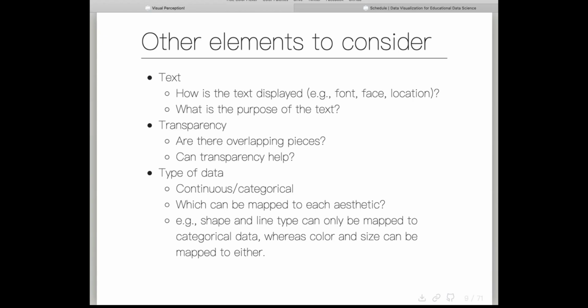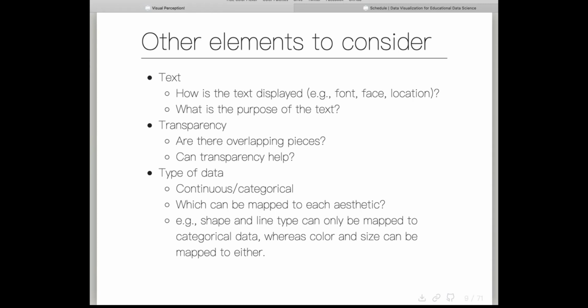And then the type of data. So obviously, you should always be thinking about this. Do you have continuous or categorical data? And then once you know that, what aesthetic can each of those be mapped to? So as I was talking about before, shape and line can be mapped to categorical data.